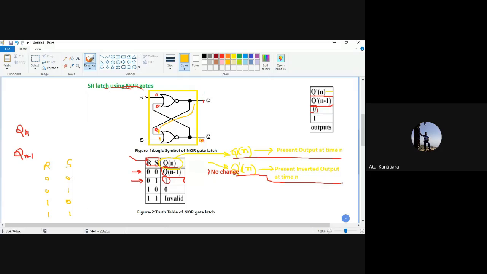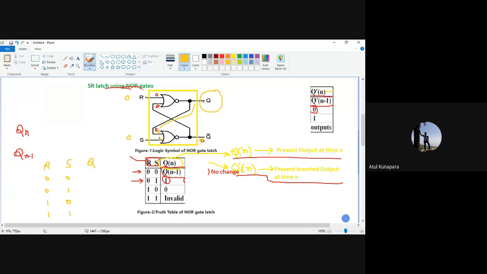Now we want to know what my output Q will be. In this sequential logic circuit, your output Q will not only depend on your inputs R and S. It also depends on what the last input combination was. That means, suppose you are giving your R and S as 0, 0 at this input condition.